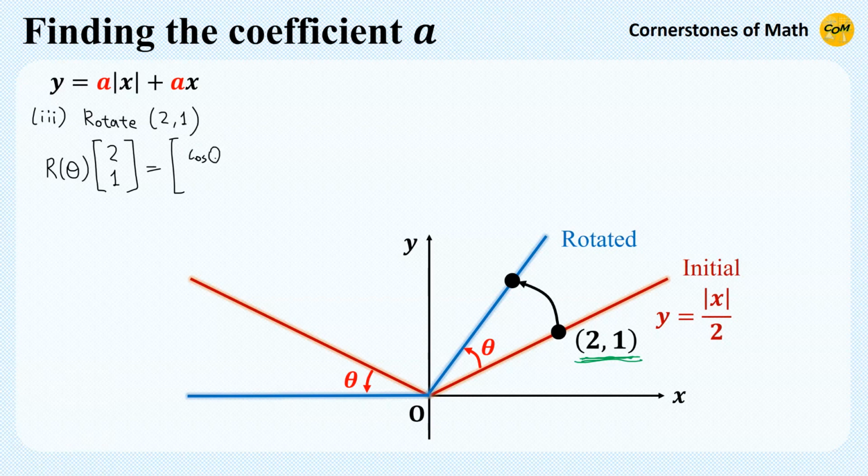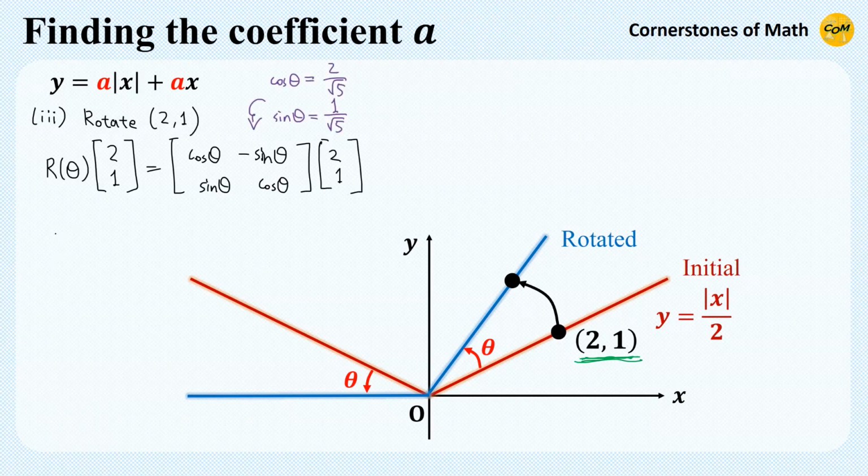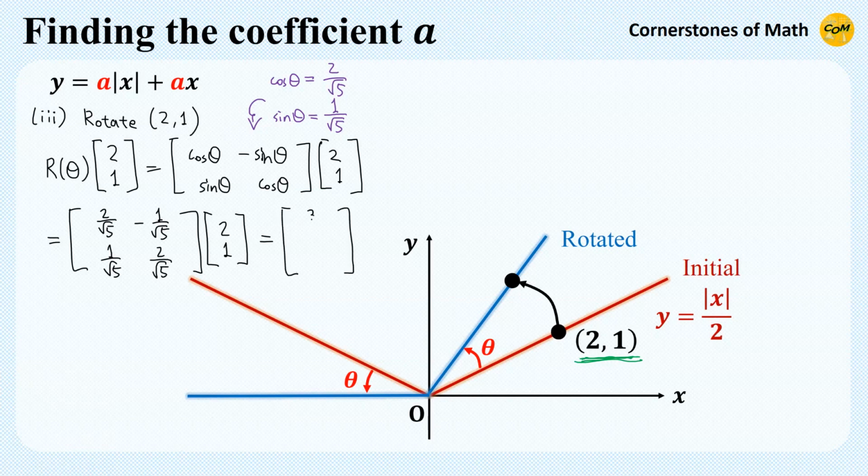So cosine theta, minus sine theta, sine theta, cosine theta, 2, 1. So we have the matrix 2 over square root of 5, minus 1 over square root of 5, 1 over square root of 5, 2 over square root of 5, times vector 2, 1, which will give 3 over square root of 5 and 4 over square root of 5.